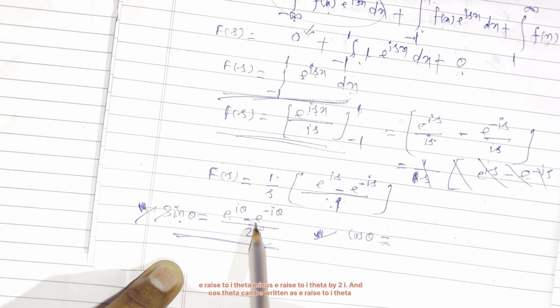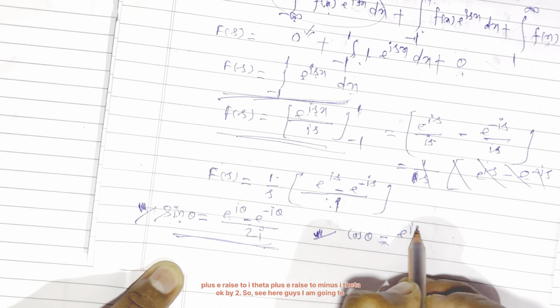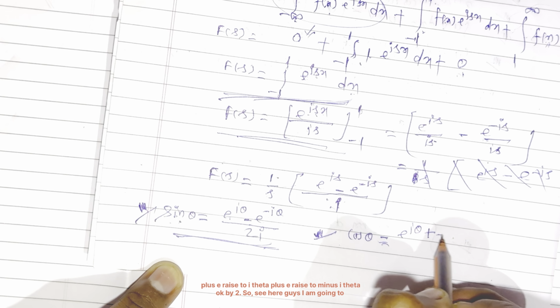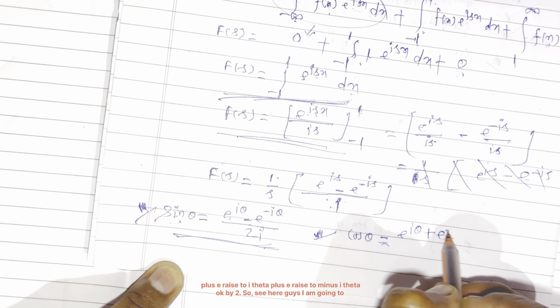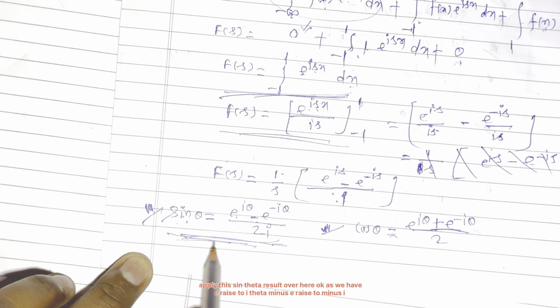Sine theta is e raised to i theta minus e raised to minus i theta by 2i, and cos theta can be written as e raised to i theta plus e raised to minus i theta by 2. So see here guys, I am going to apply this sine theta result over here.